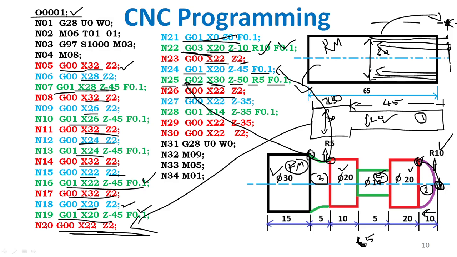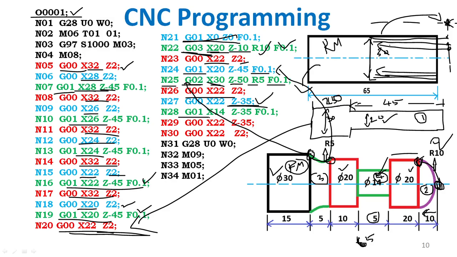Then next, the safety position. The tool moves to the safety position X22 Z2. So everything is finished. The first operation, second, third, this, then the final operation is grooving. The grooving operation: G00 X22. Here X is 22, move on, X22 Z minus 35. Tool width is already 5 mm, so 30 plus 5 is 35 mm.